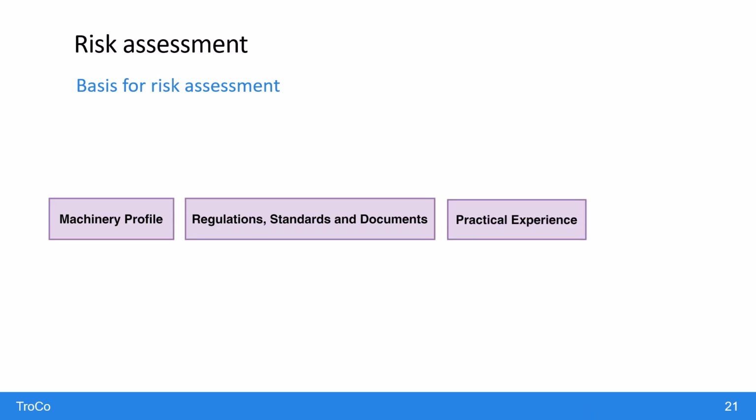Third, practical experience. This involves any accident, incident, or malfunction history of the machinery, health issues from emissions and chemicals used, and user feedback on similar machines. And finally, ergonomic principles. This information requires regular updates during design development or when machine modifications occur.